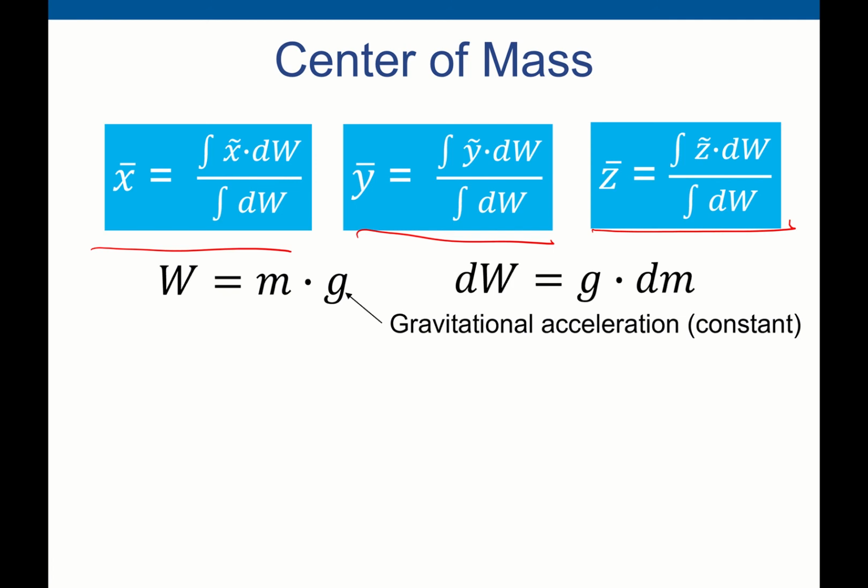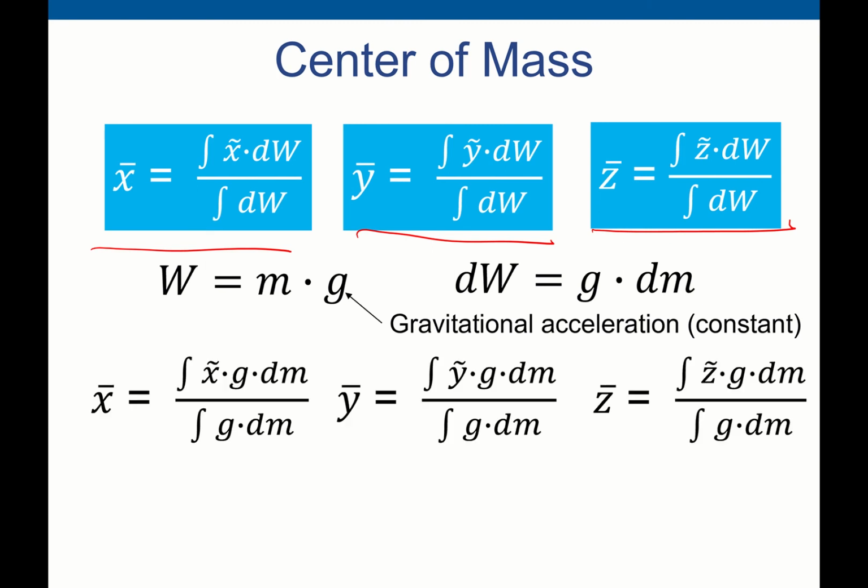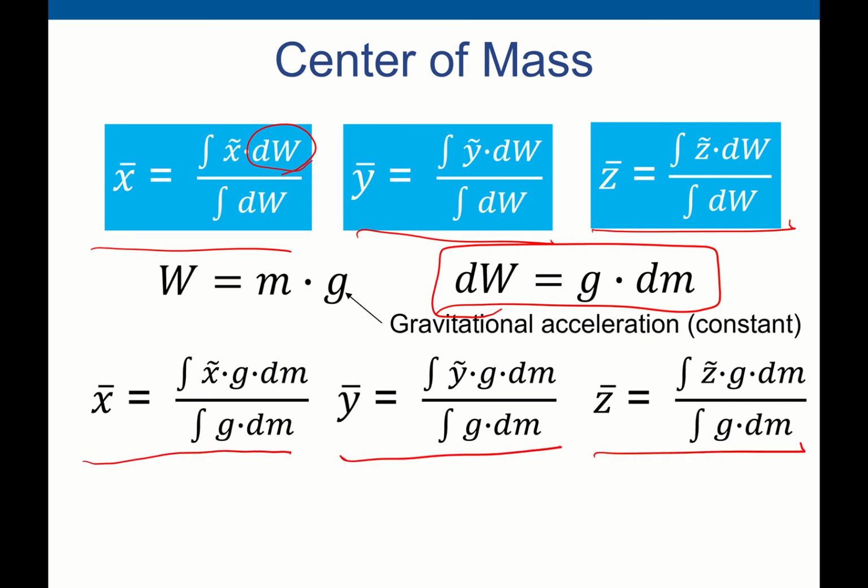So differential weight is equal to gravitational acceleration times differential mass: dw equals g times dm. So x bar is here, y bar is here, and z bar is here, and the g will be canceled out.